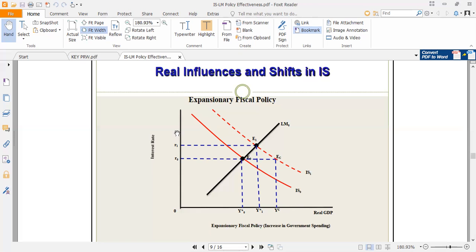You see that whenever you increase the government spending, interest rates will go up. That will cause investment to fall, right? Good.